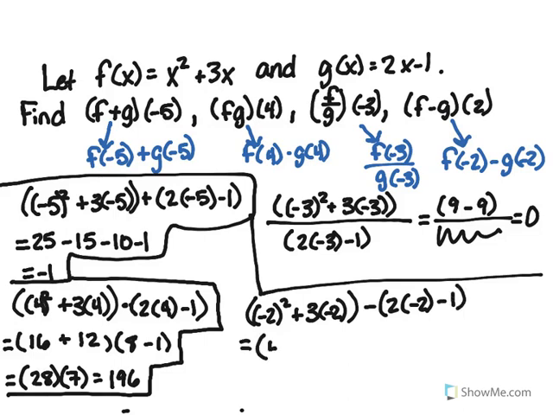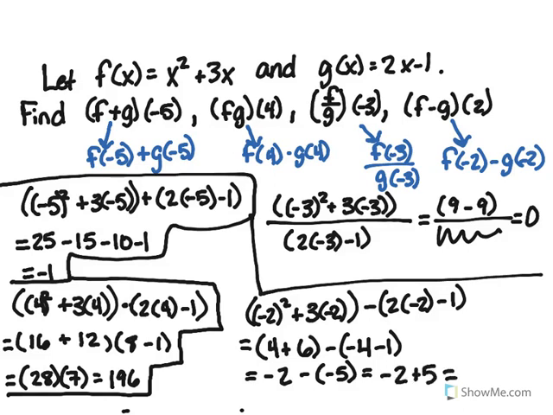This is going to be 4 plus 6 minus, and still keep this in parentheses because we're going to have to distribute that negative. So we're going to want negative 4 minus 1. We're going to have negative 2 minus negative 5. So we're going to have negative 2 plus 5, which gives us 3. That is how you apply all of these operations.